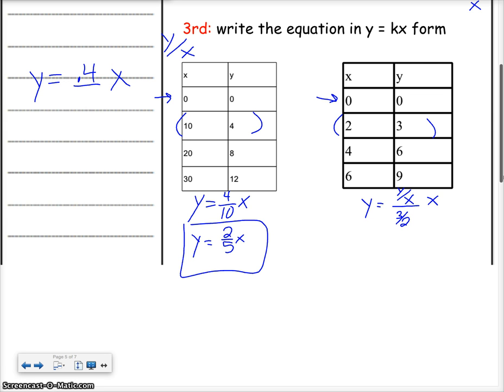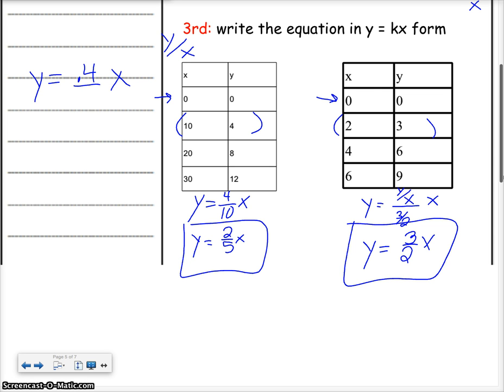Can I multiply x by 1.5 and get to y? I'm going to check. 2 times 1.5 is 3. 4 times 1.5 is 6. 6 times 1.5 is 9. Sure is direct variation. So then you just write your equation.